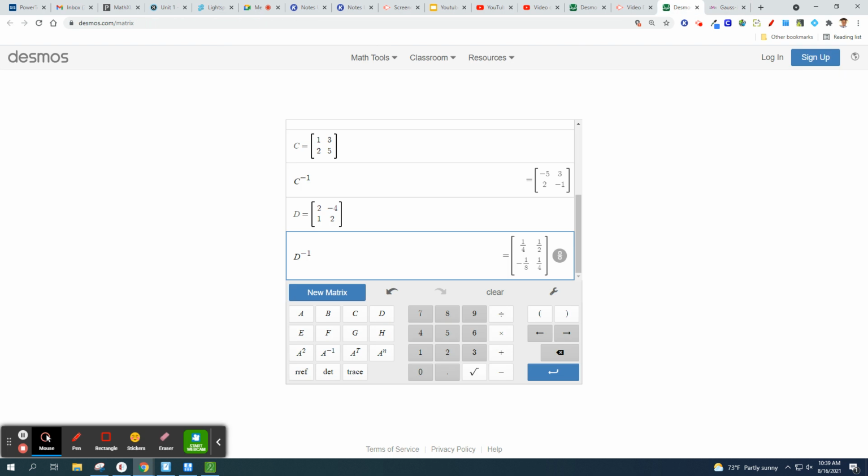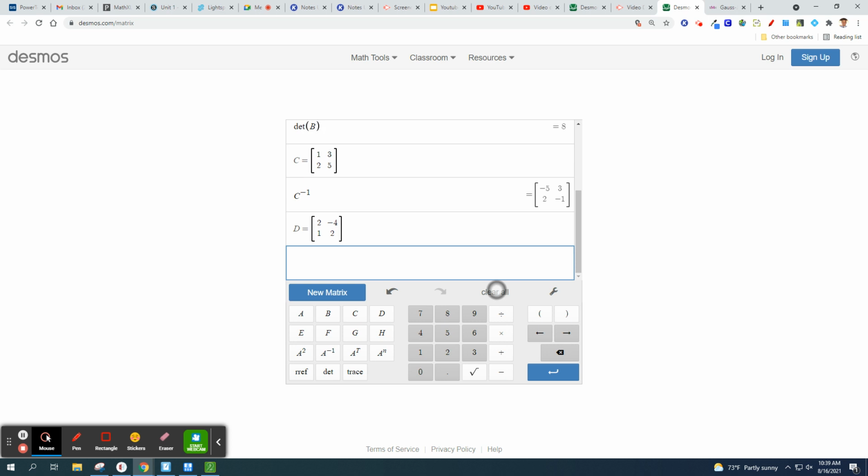Let's see. I don't know. New matrix: 2, negative 3, 1, 5. And let's find E inverse.